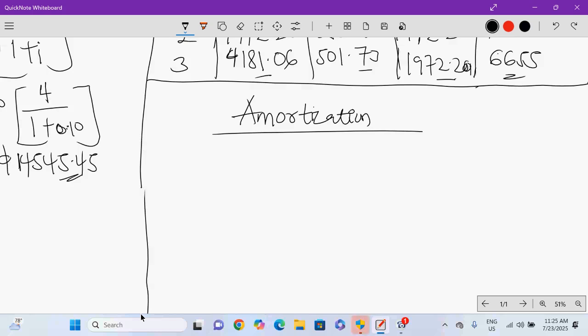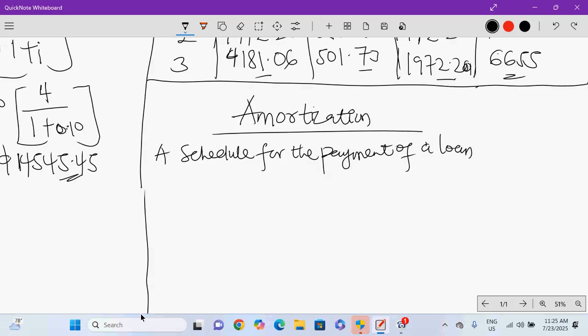Amortization schedule is a schedule for the payment of a loan on equal basis, right?